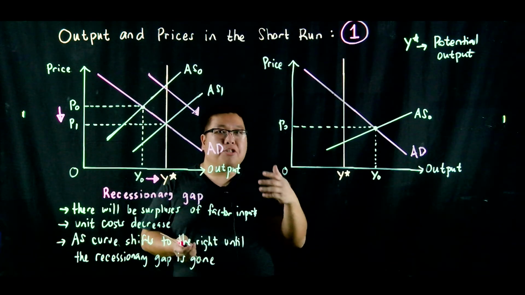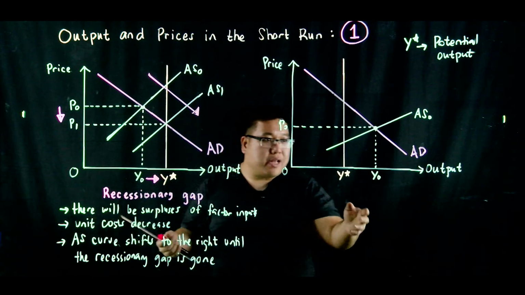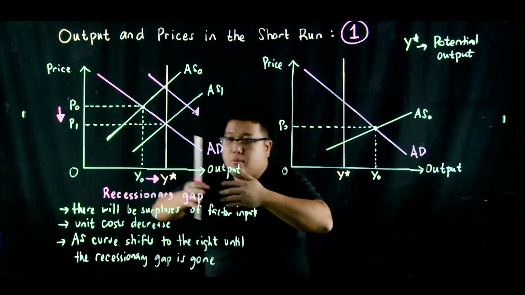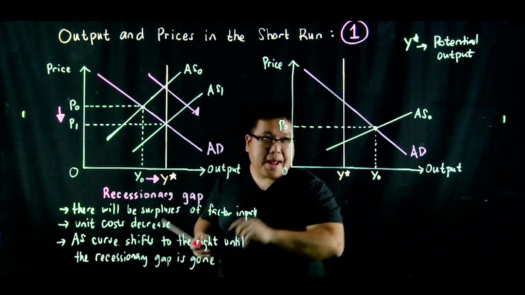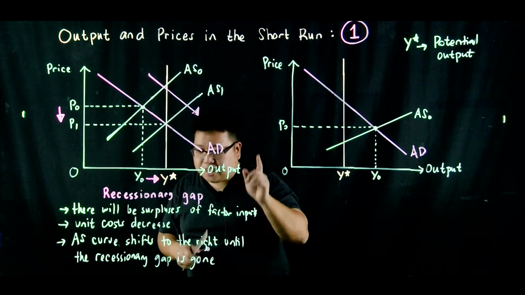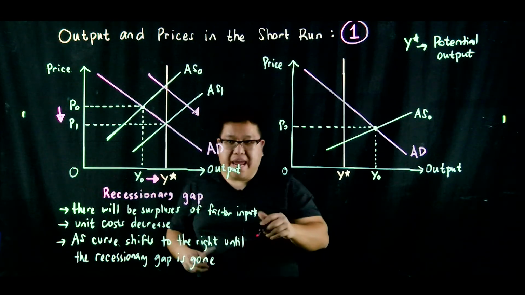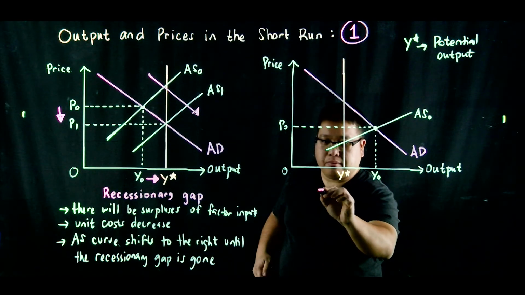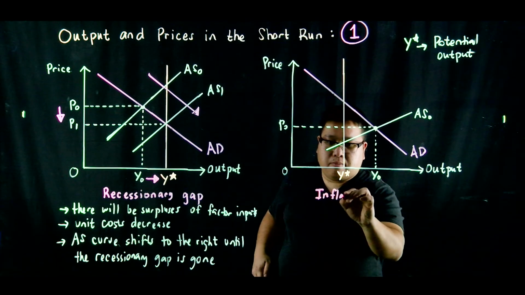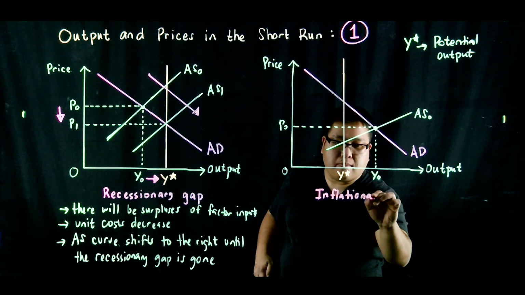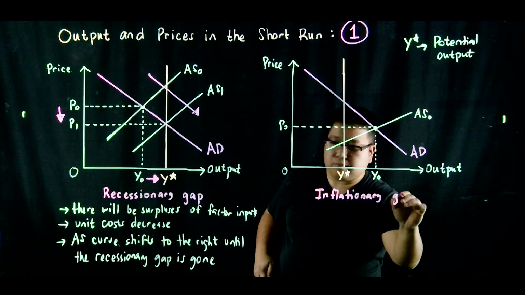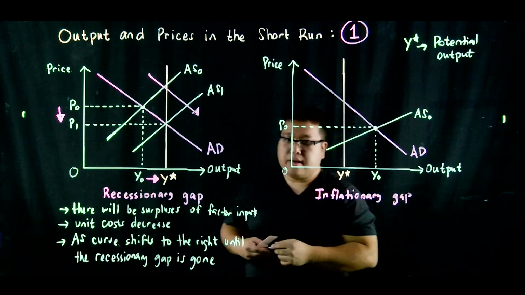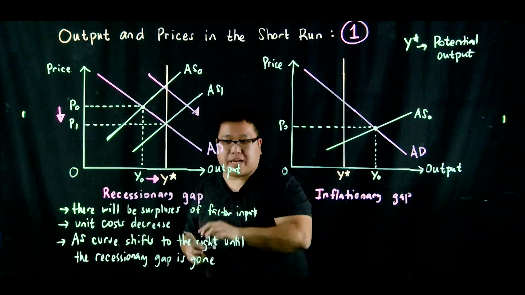Or they're using machineries like 24 hours. So that's why this economy is producing way beyond its potential at Y star. This results in what we call an inflationary gap. Okay, so this is the opposite of a recessionary gap.